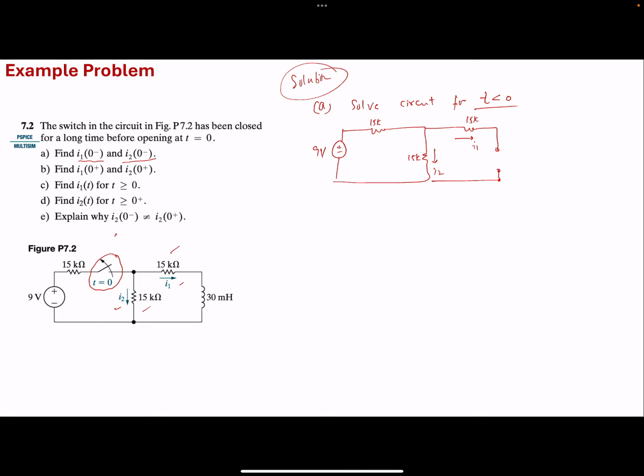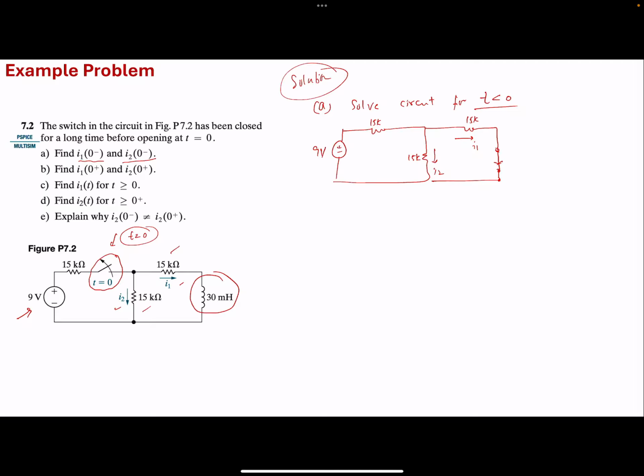Again, when the switch was closed at t less than 0, you have an excitation source, so this excitation source must be providing energy in the magnetic field of an inductor, right? And after some time in steady state, this inductor must have been a short circuit. So I am going to convert this into a short circuit here at t less than 0.